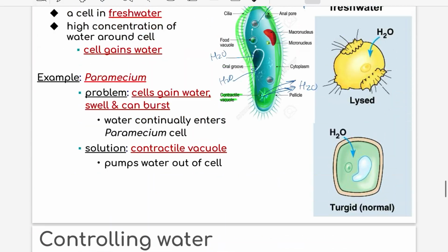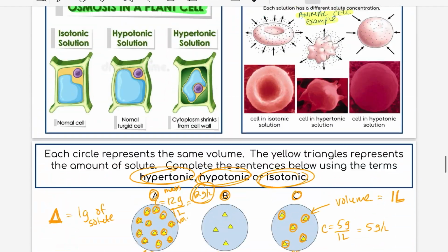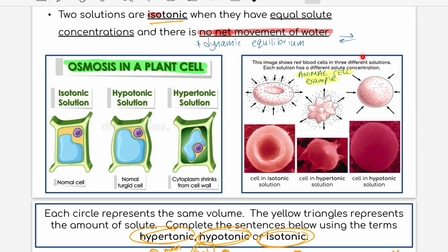If we go back to the red blood cell example, you can see here's a happy red blood cell. It looks like a ring or a donut. Here's an unhappy red blood cell in a hypertonic solution. You can see it's shriveling, shrinking up, and it's going to dry up and turn into a raisin and die. That's not good. And you can see here the red blood cell is swelling up.